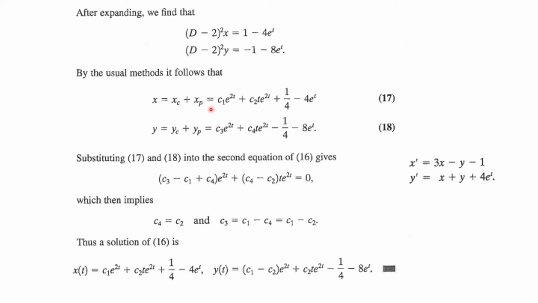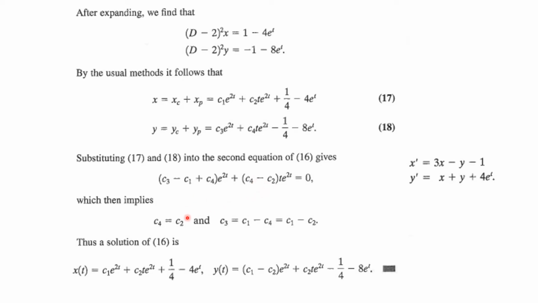Now, if we substitute both x and y into, let's just say, the second equation, that could be this one, you find out that we don't have any e^(2t) or t e^(2t) terms on the right-hand side, and so these coefficients have to sum to 0.